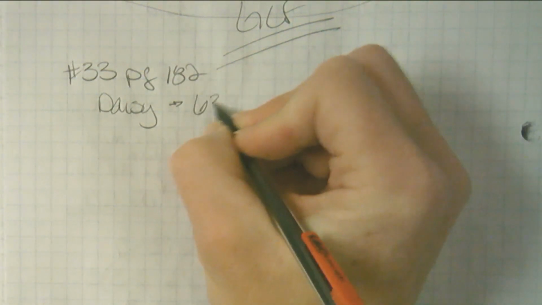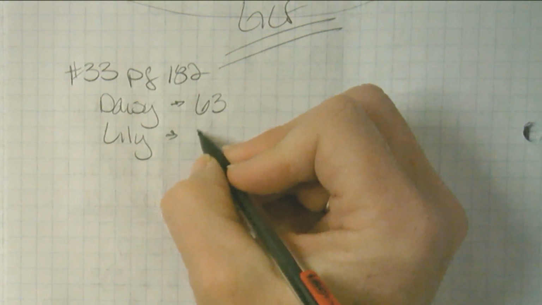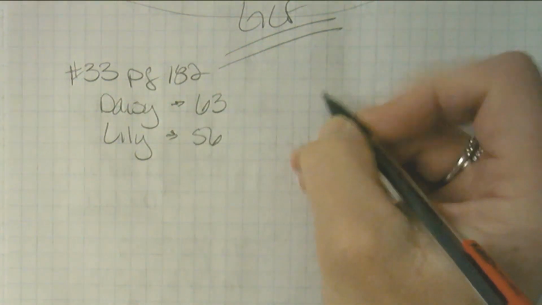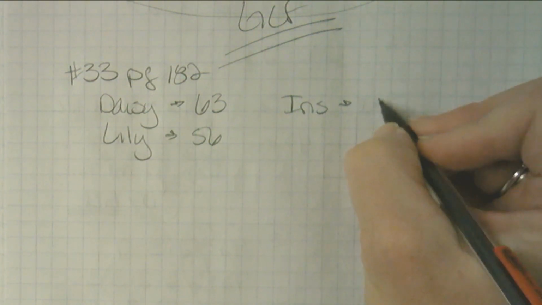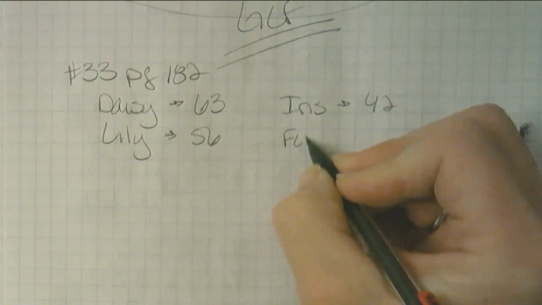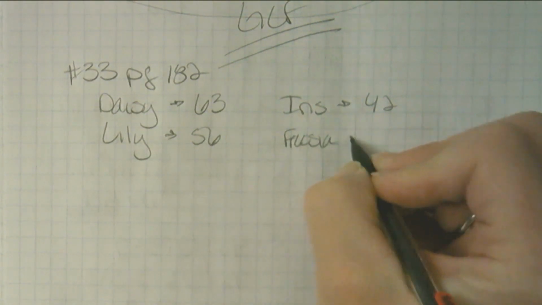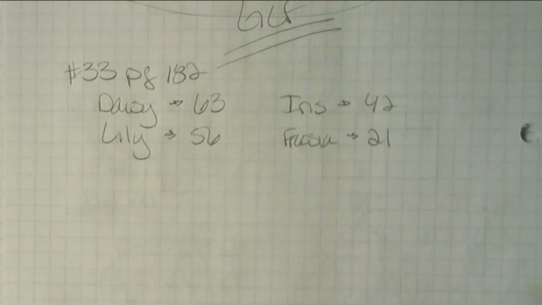So we have 63 daisies. We have lilies, and there were 56 lilies. We had irises, and there are 42 irises. And then we have freesias, and there were 21 freesias.